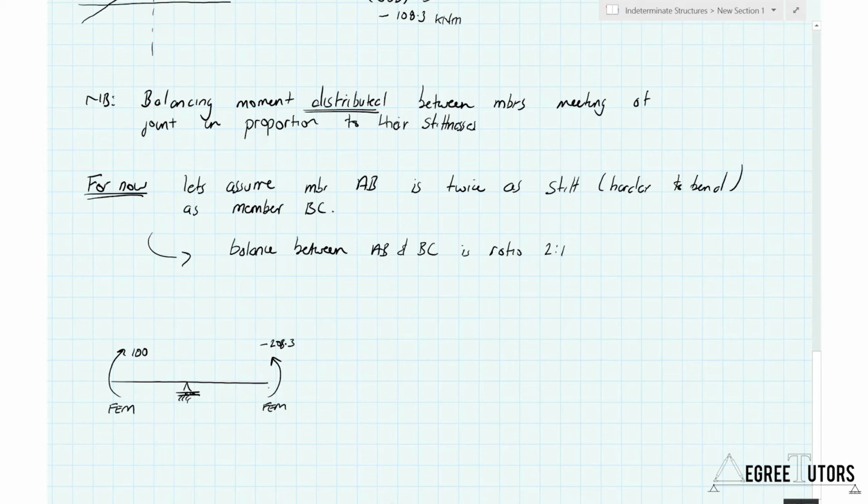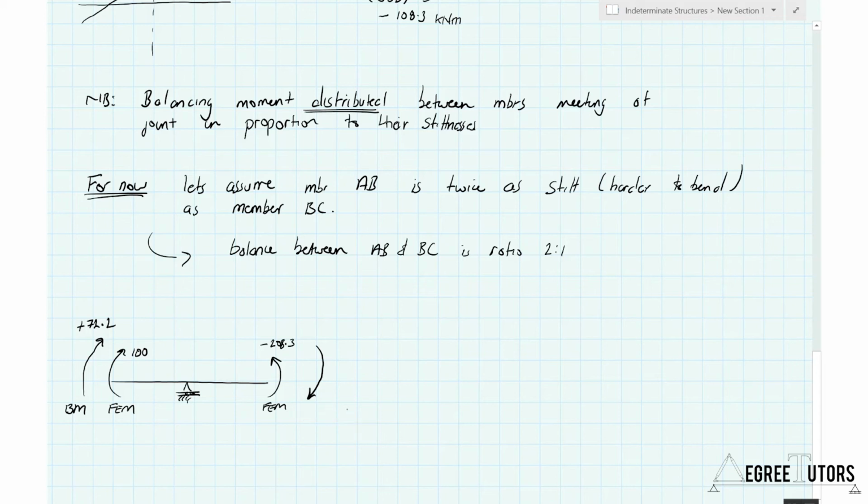Then we had our balancing moment of plus 108.3. Now, 2/3 of that go into member AB, which would mean that that is going to be plus 72.2, and that's the balancing moment. And 1/3 of it is going to come into the right-hand member, which is going to be 36.1. Again, it's a plus.